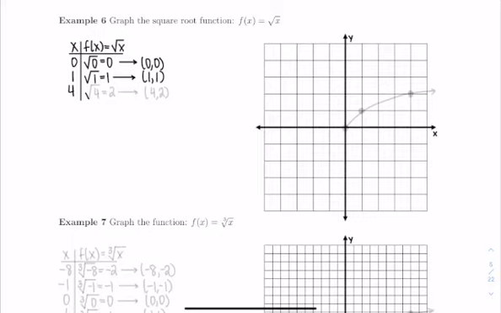And for 4, we have the square root of 4, which is 2. And so this gives me the point 4, 2. So let's go ahead and plot those points. We have 0, 0, 1, 1, and then we have 4, 2. And so that's the basic idea of what a square root graph would look like.